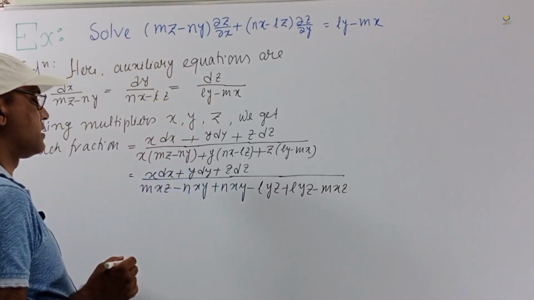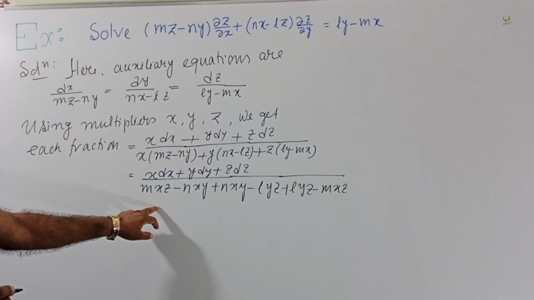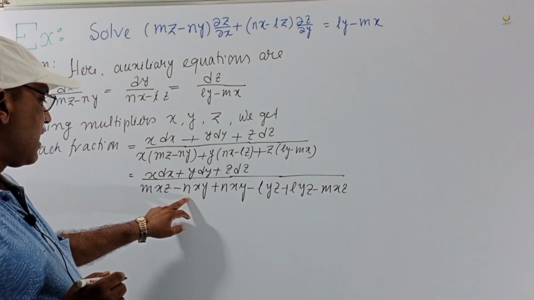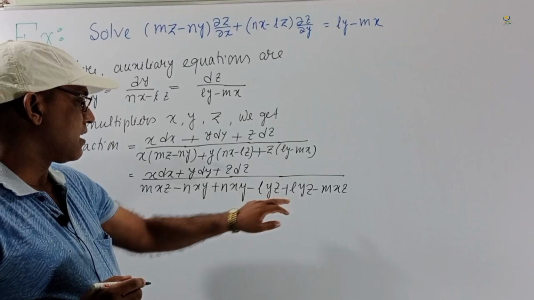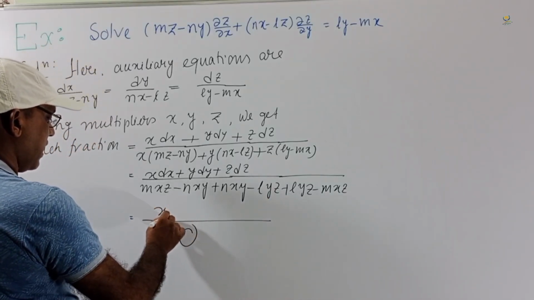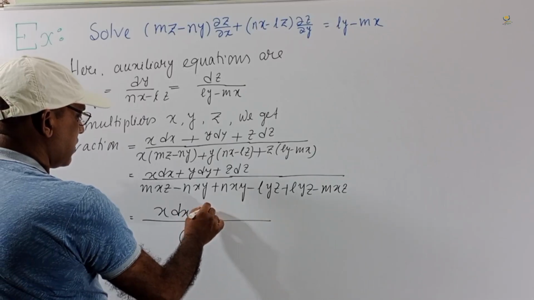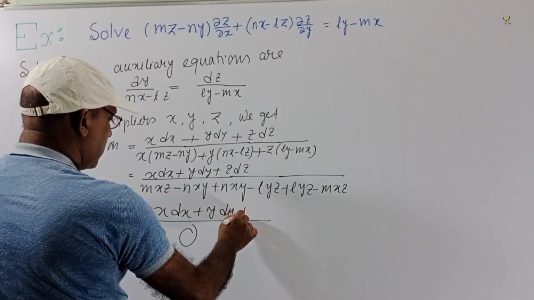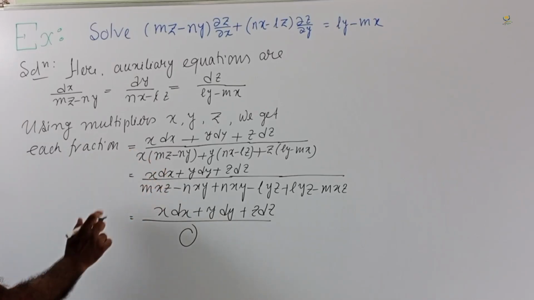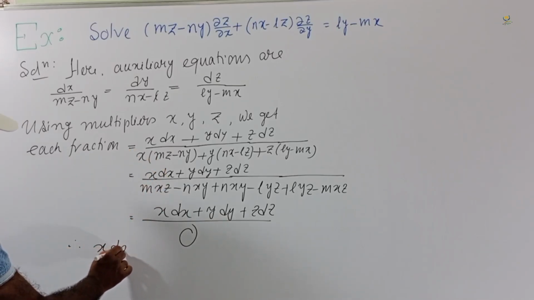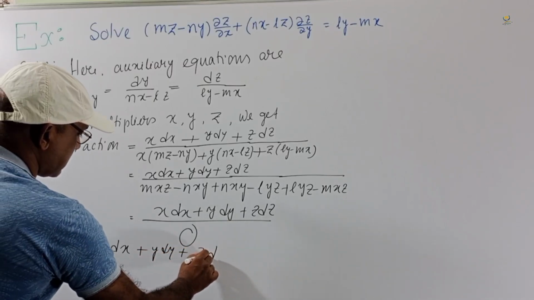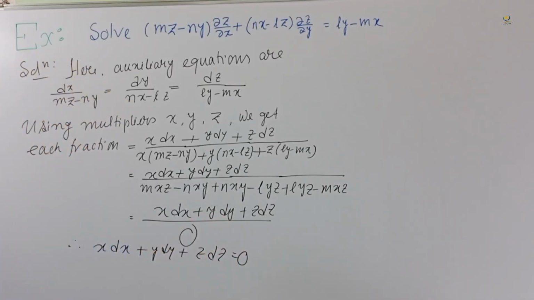Obviously all of these cancel: m xz cancels, n xy cancels, l yz cancels. Ultimately the denominator is 0, so we consider x dx plus y dy plus z dz equal to 0.